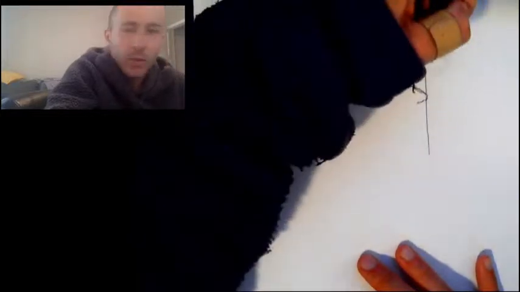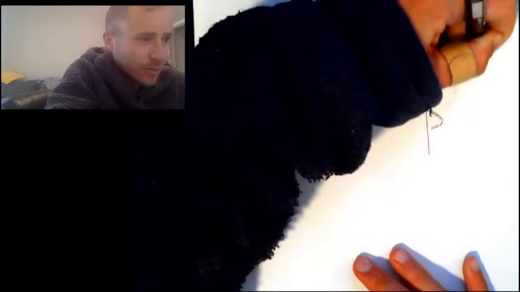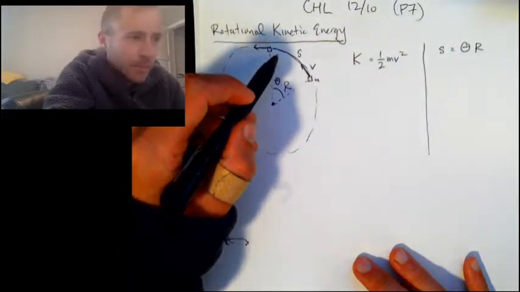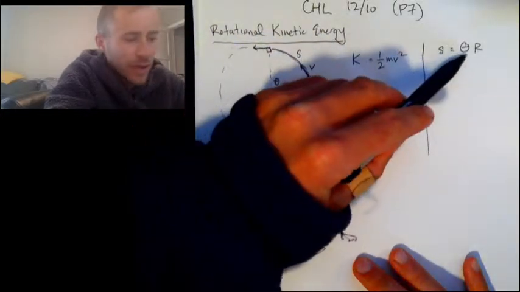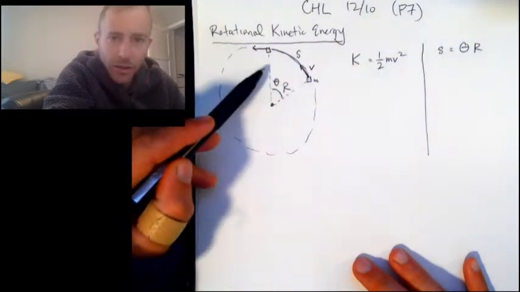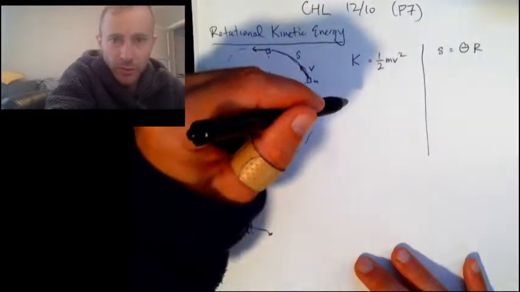So we learned that equation that s equals theta r. So the arc length around a circle is equal to the angle subtended by that arc times the radius of the circle. Okay, so we already used this equation.